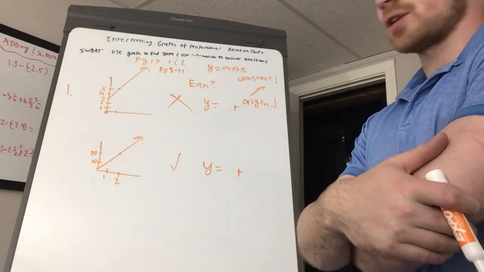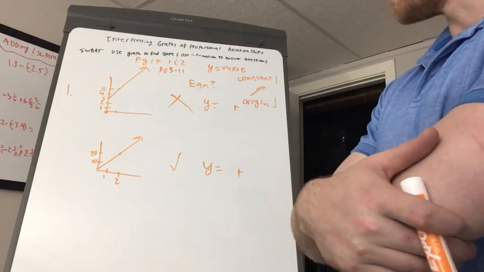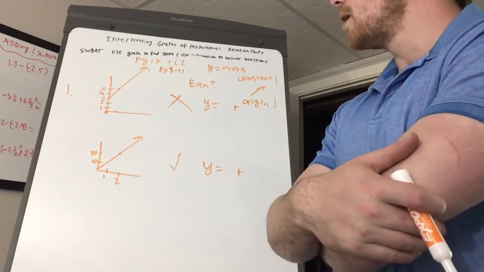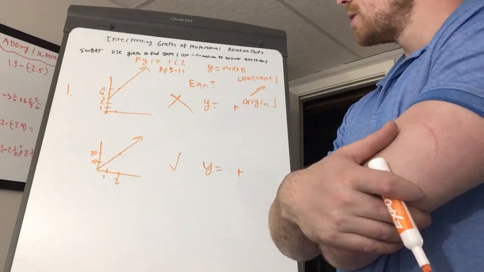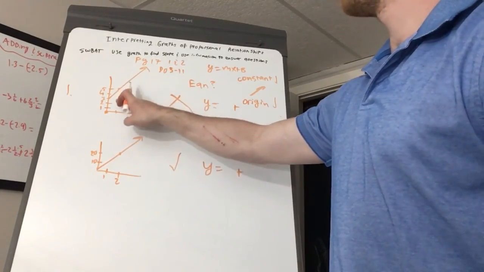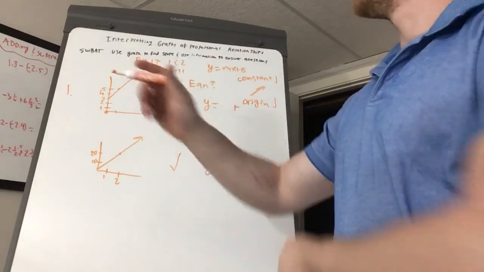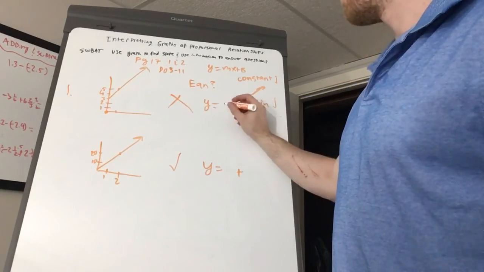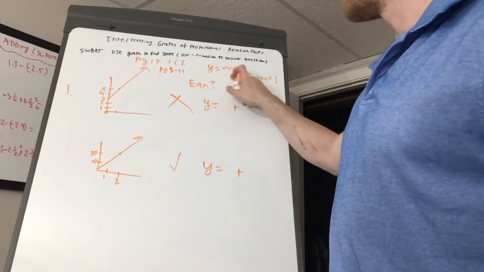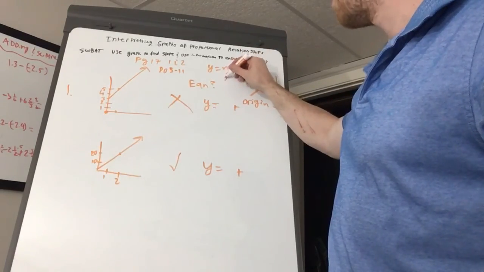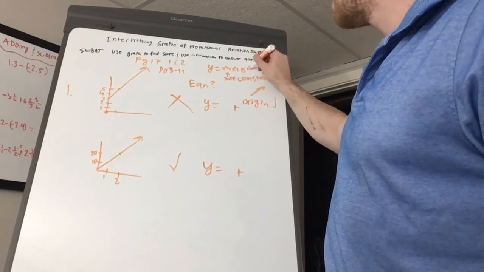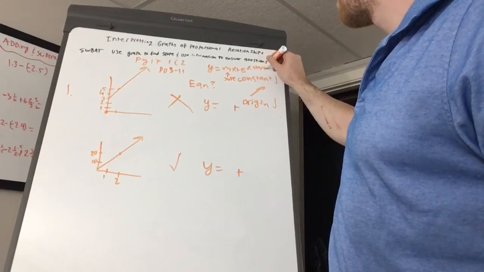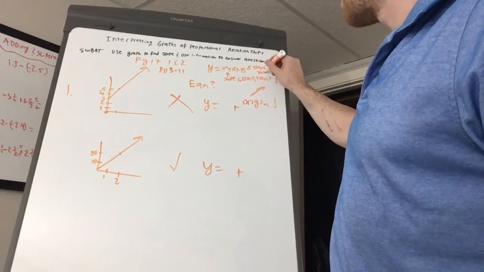And just to clarify, some of you might remember this, might not. When we talked about slope, slope is the change in y over x. So if you go from that first point to the next point, you go up 1, 2, and over 1. Remember, it's of the form y equals mx plus b, where m is slope and b is the starting value.